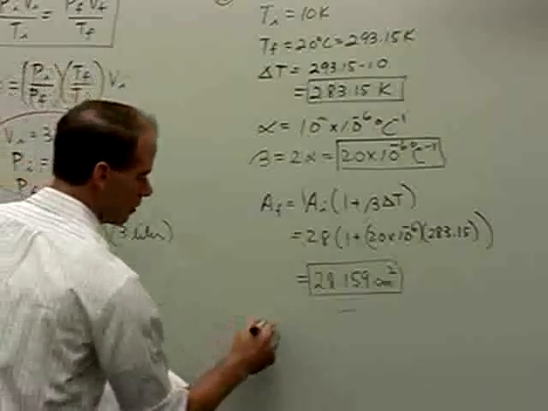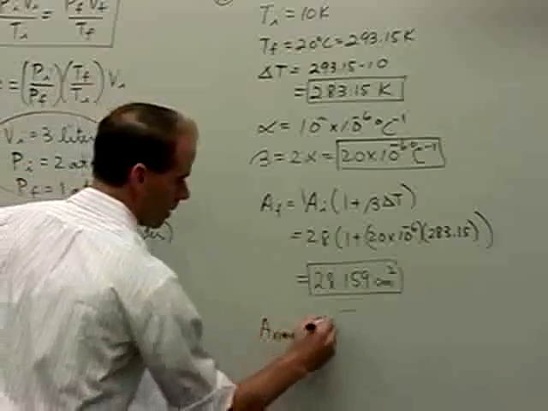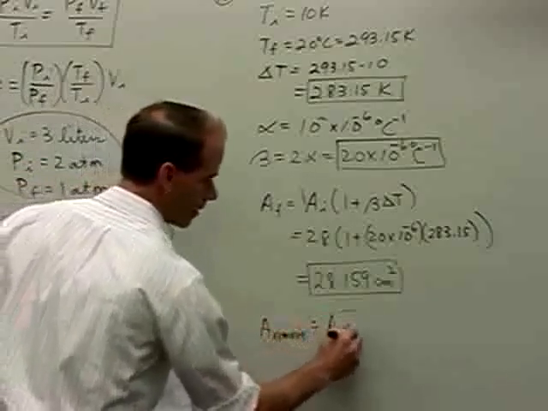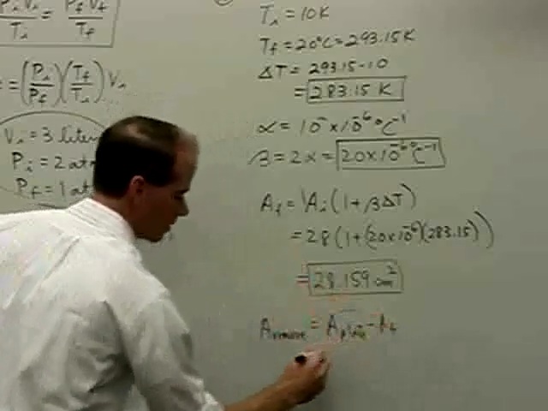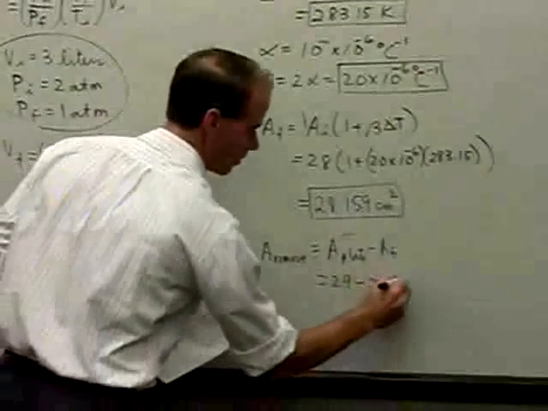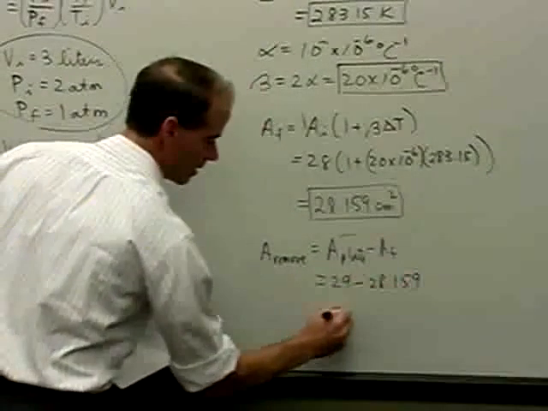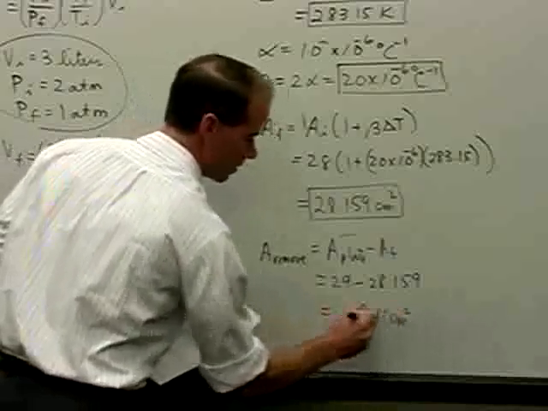So the area we need to remove is the area of the plate minus this. So that'd be 29 minus 28.159, which gives us 0.841 square centimeters.